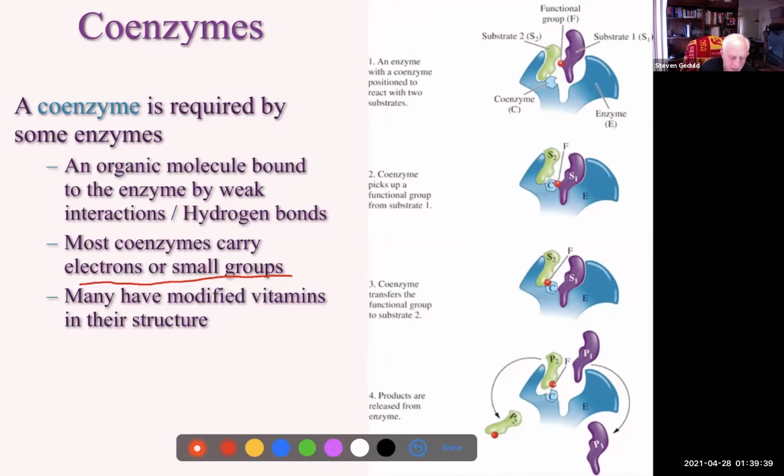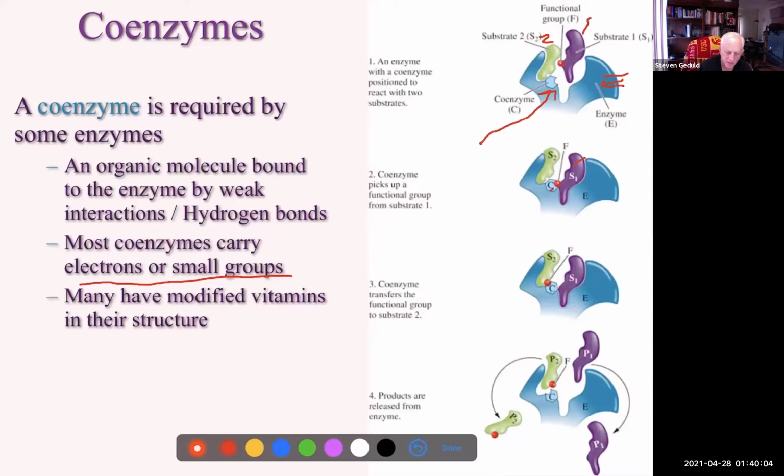So if you look at this, this is our enzyme, and this is your coenzyme right here. An enzyme with a coenzyme positions to react with two different substrates, substrate 1 and substrate 2. There's a functional group on substrate 1.